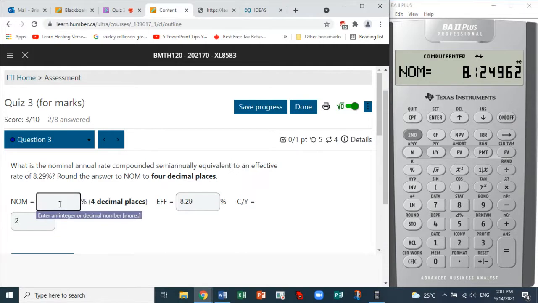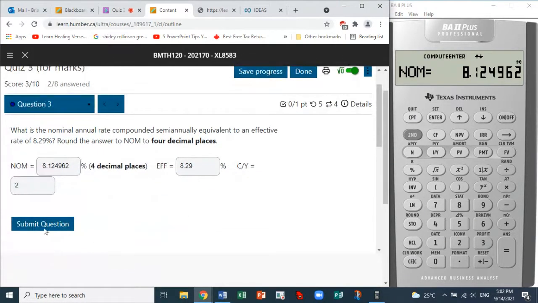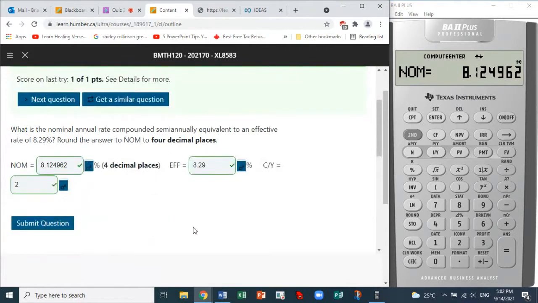So we are computing this one, right? This is compute. Okay, and we get 8.124962. Now we cannot leave compute in there. It will cause an error. So there we go. We take that out of there, and then that should be correct.